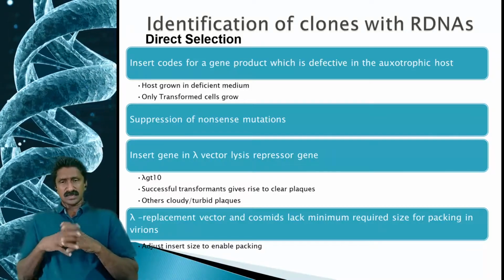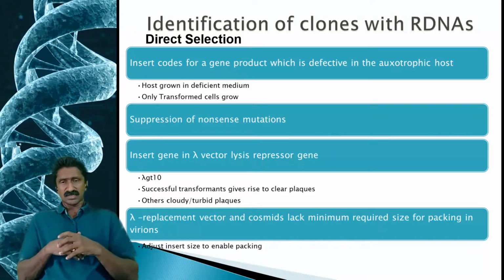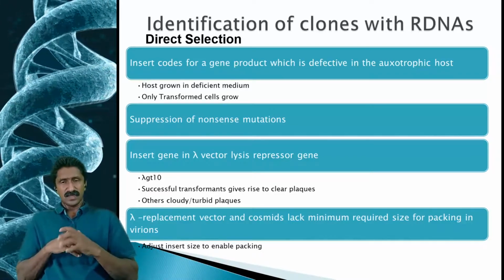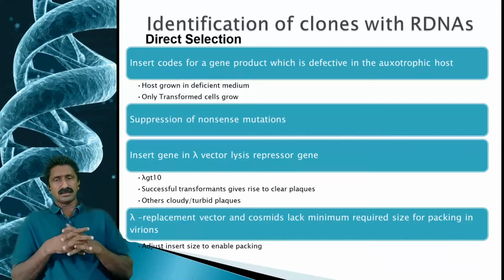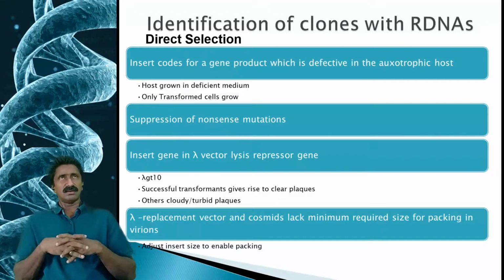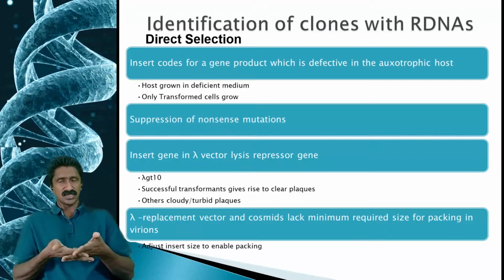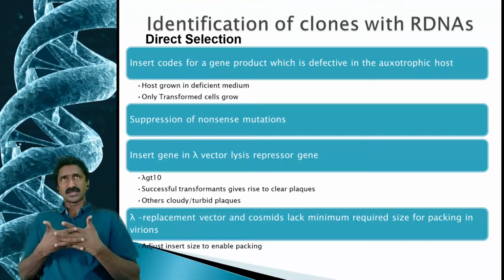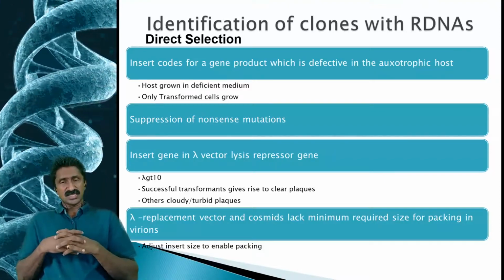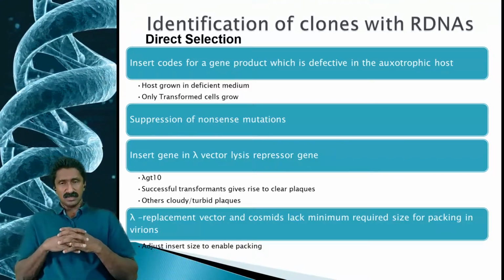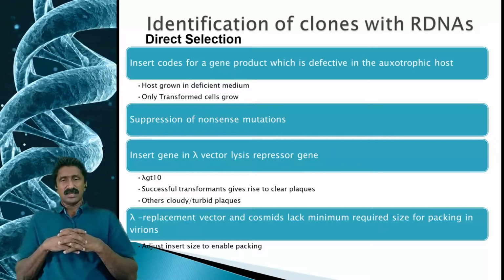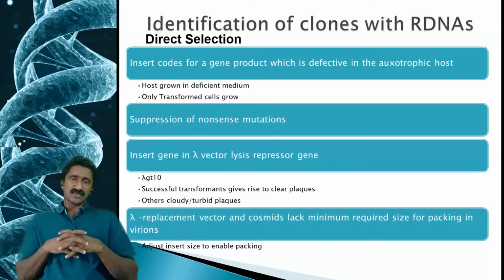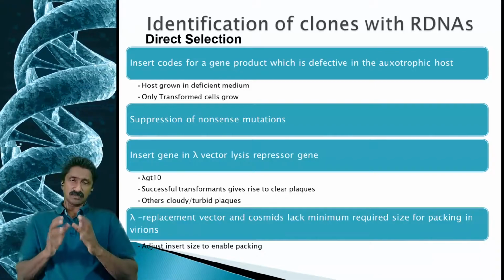Another one is suppression of nonsense mutations. That is another method, and I am not going to discuss it further. Another one is inserting a gene in a lambda vector with a lysis repressor gene. For example, lambda GT10 is a lambda vector which has a gene for lysis repression.